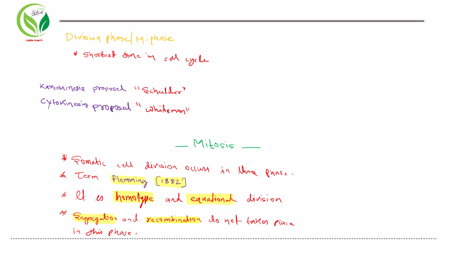The next slide is division of M phase. Division of M phase means the shortest time in the cell cycle. This M phase is the shortest cell division phase. And in this phase, karyokinesis occurs, and karyokinesis was proposed by Schleider, and cytokinesis was proposed by Whitman.